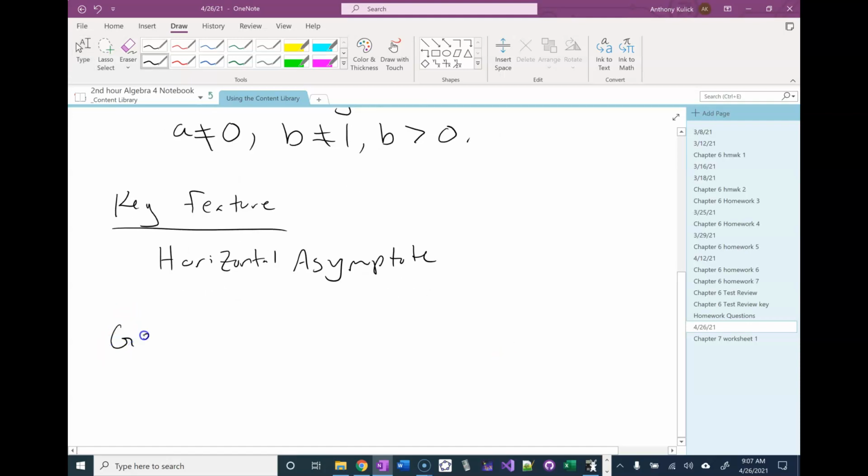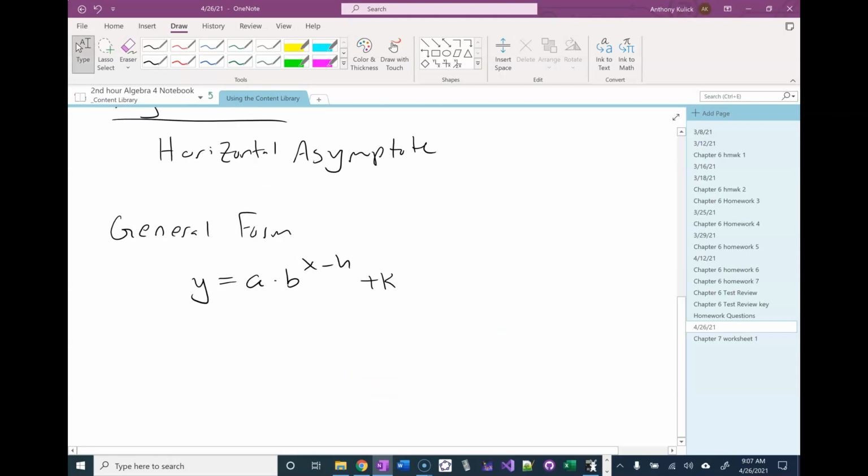Our general form for an exponential function is y equals a times b to the x minus h plus k. So our horizontal asymptote is going to be found just by y equals k.